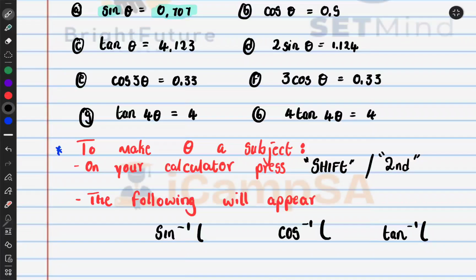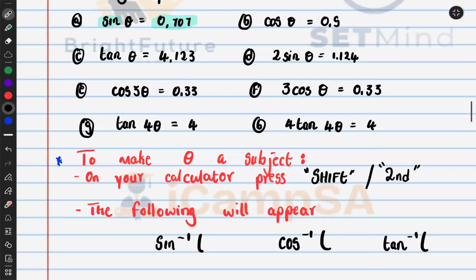Okay, so this is what is going to appear on your screen. And then what do you do next? You insert not the angle now, but the ratio. You insert the ratio or the value of the ratio.